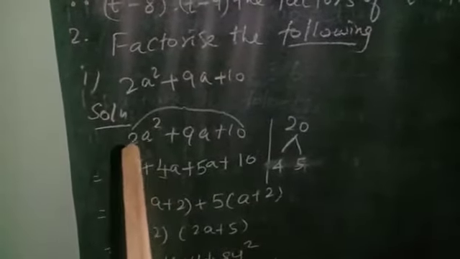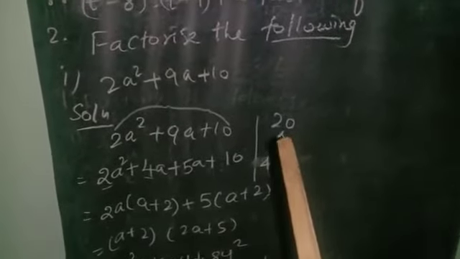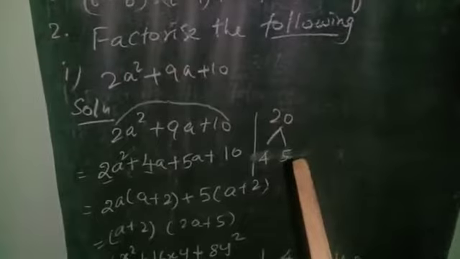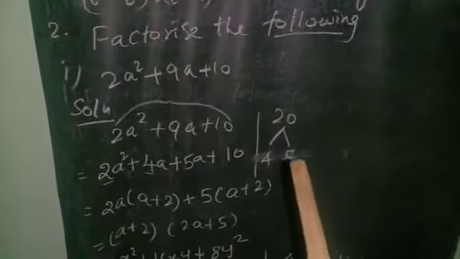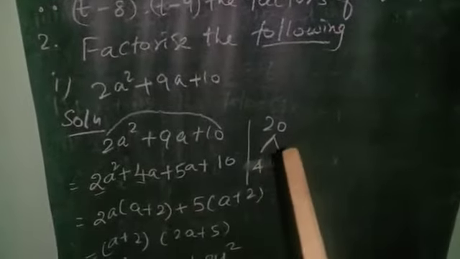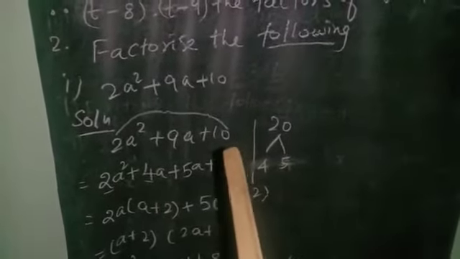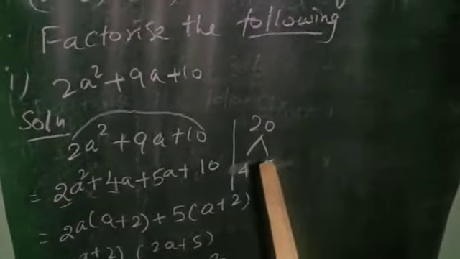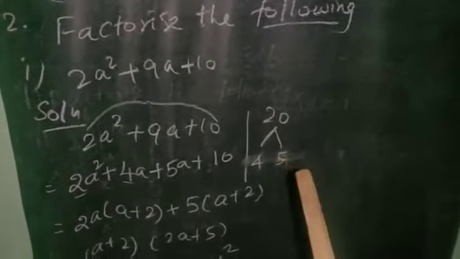So we get 2 into 10, 20. Now we split 20 into two numbers whose sum is 9 and whose product is AC. So 20 is split into 4 into 5.